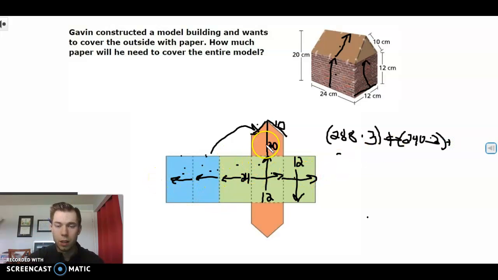Now, let's keep going here with the orange section. Because you're not going to have a formula to find the area of this orange section, I would recommend you go ahead and split it into a rectangle and a triangle, where you have 90-degree angles. So you have a triangle that's up here.